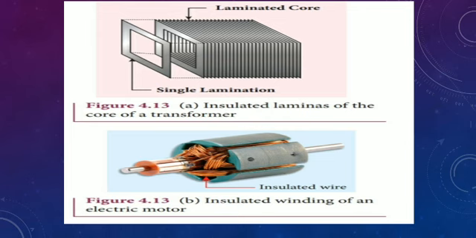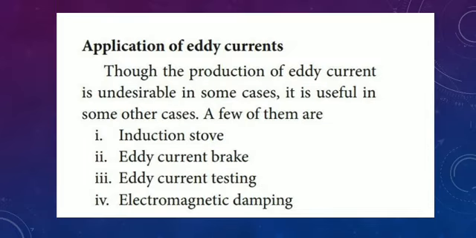Application of eddy current. Though the production of eddy current is undesirable in some cases, it is useful in other cases. A few of them are the applications of eddy current.